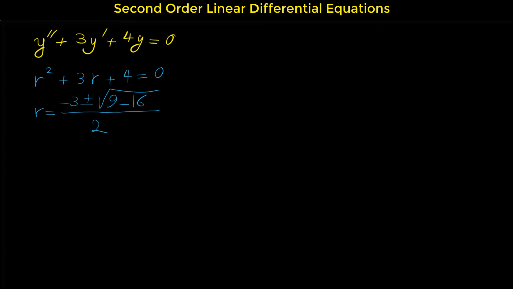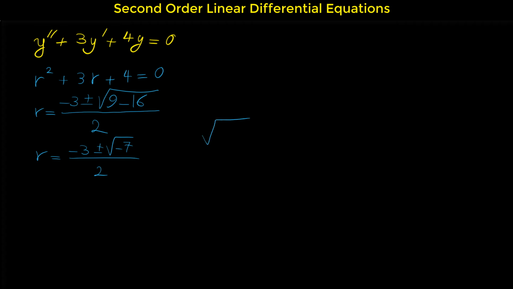So r equals negative 3 plus or minus the square root of 9 minus 16, which is negative 7. So r equals negative 3 plus or minus the square root of negative 7, over 2. Because under the square root we have a negative number, this equation is of type 3, case 3.